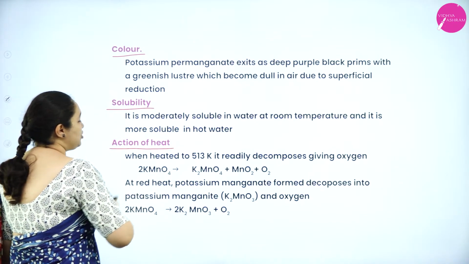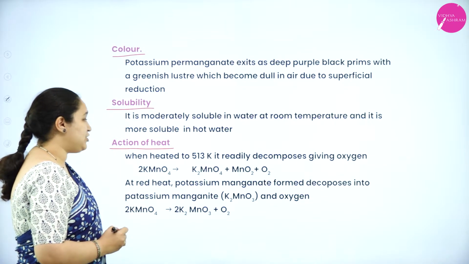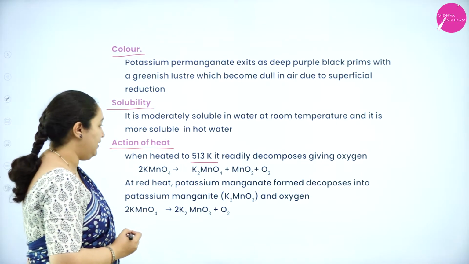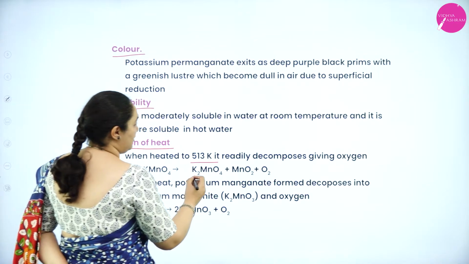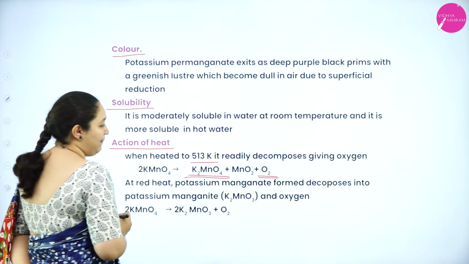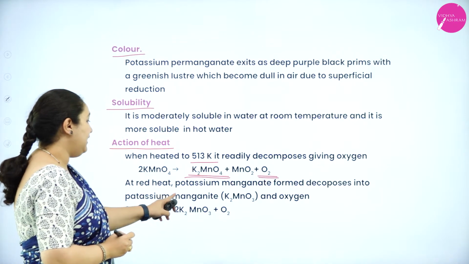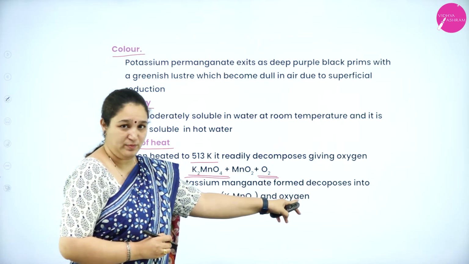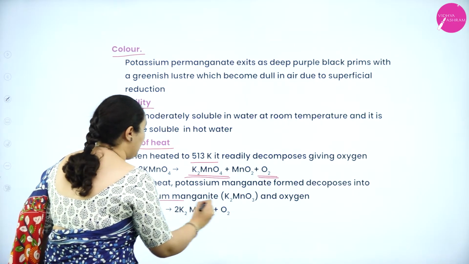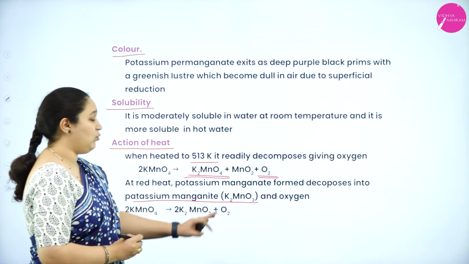Next is action of heat. If you take potassium permanganate and heat it at 513 Kelvin, it readily decomposes to give oxygen and permanganate will form manganate. So at red heat, potassium manganate is formed which decomposes to give potassium manganite, K2MnO3.